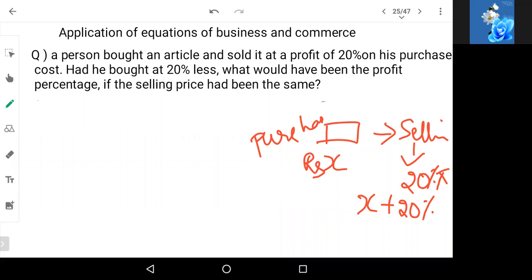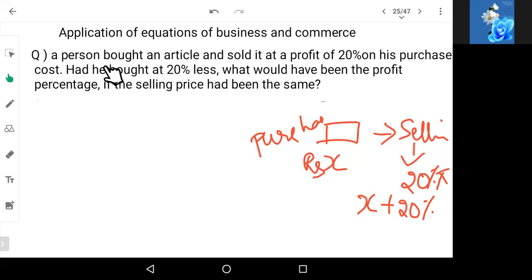So this is the meaning of the first line, that is, if a person has bought an article and sold it at a profit of 20% on his purchase cost. So if the cost of the product is X, he is selling it at X plus 20%, not 20 rupees. It is 20%. Okay. So this is the first sentence.